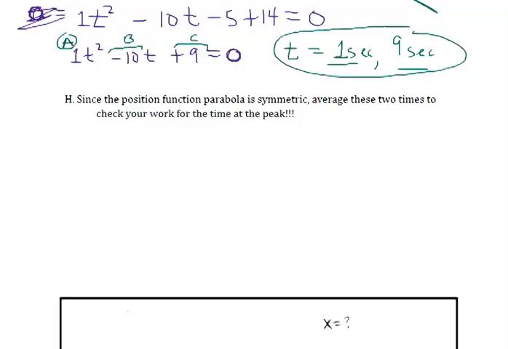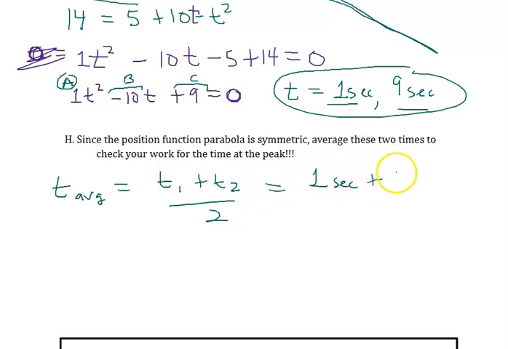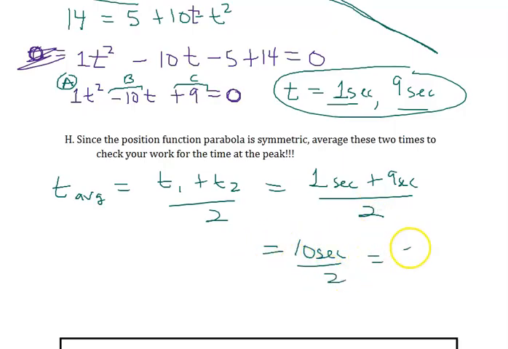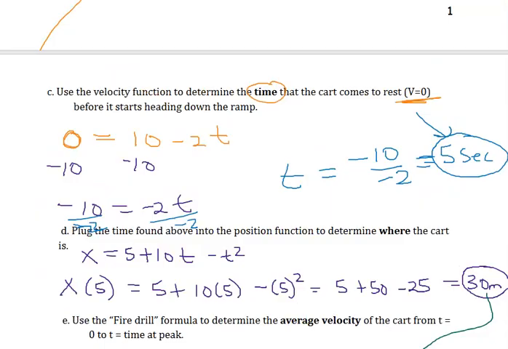Okay, and then let's check your work. Average these 2 times. So the average of the 2 times is T1 plus T2 over 2, which is 1 second plus 9 seconds over 2, which is 5 seconds, which is what we got way up here when we found the time it comes to rest: 5 seconds.